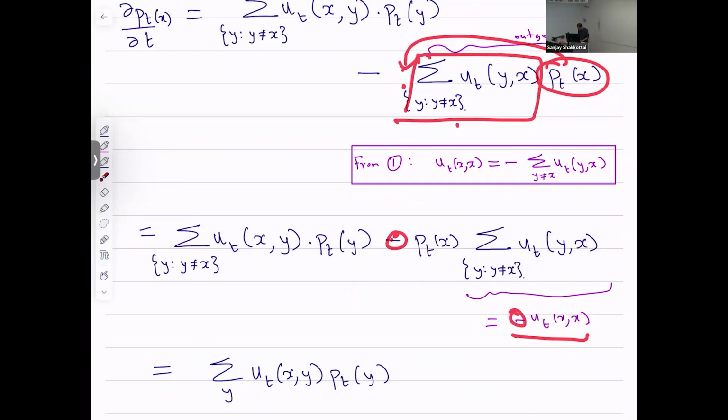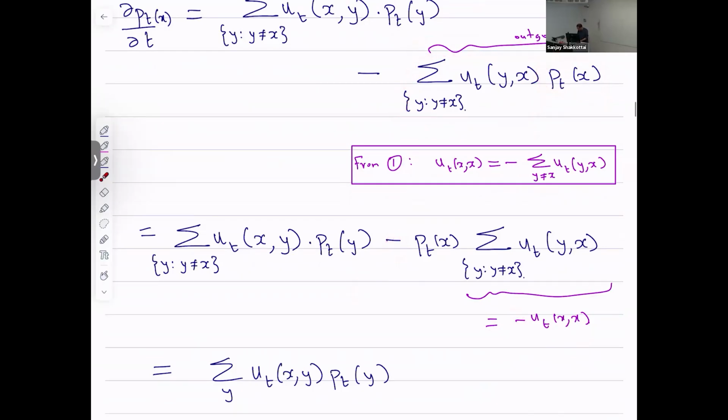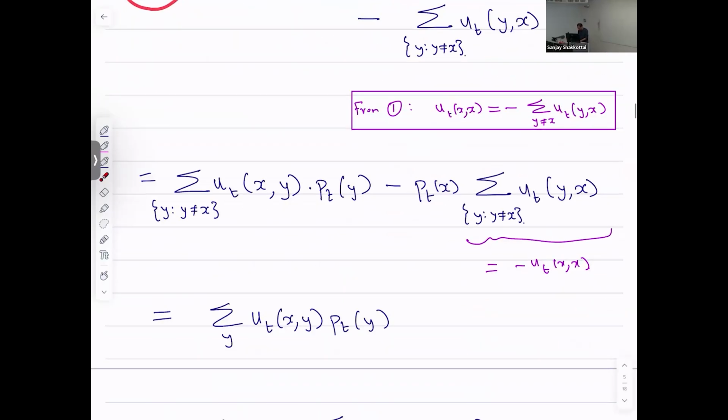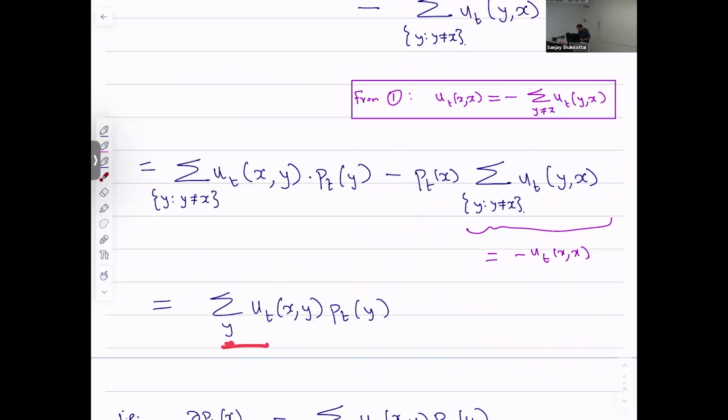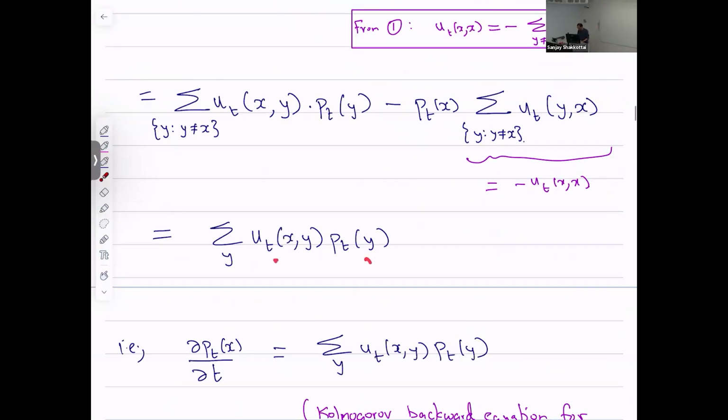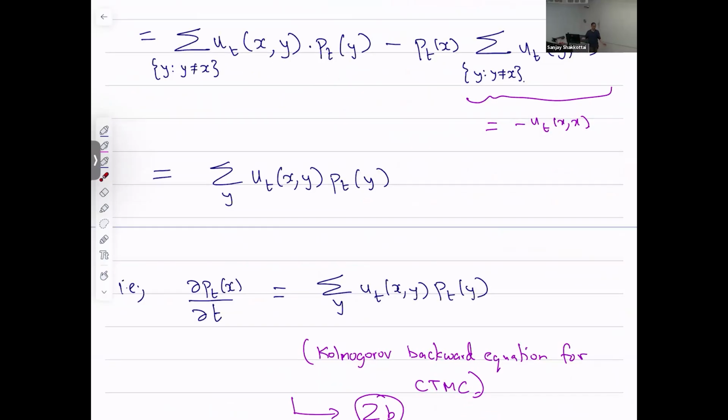This negative multiplies to give a positive. And so you can write del p_t by del t as a summation over all y of u_t p_t. And this is the backward equation for CTMCs. So the continuity equation is essentially the backward equation. It's just a way of rewriting it.